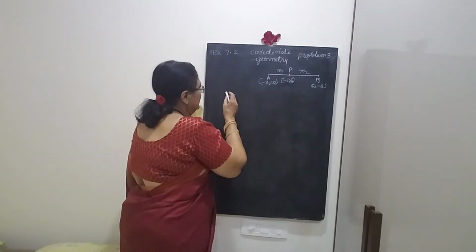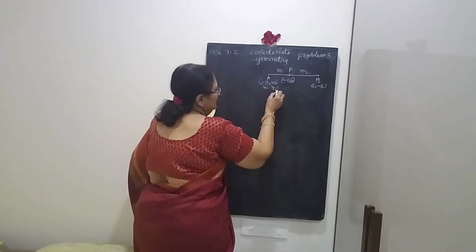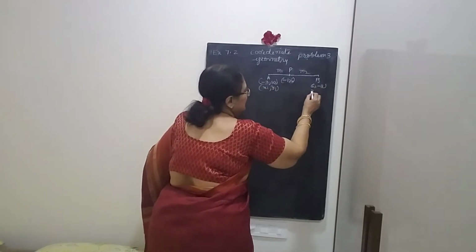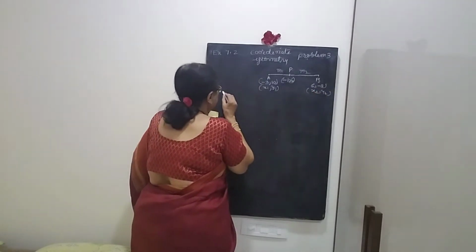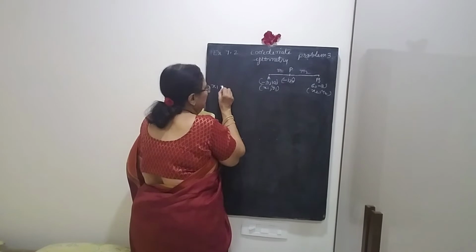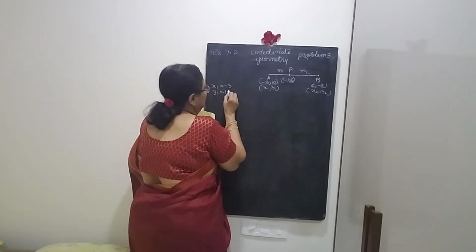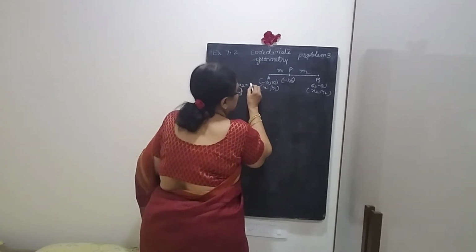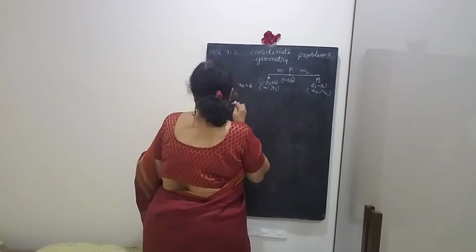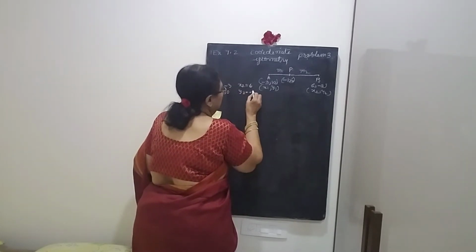So, A we will take as x1, y1. B is x2, y2. So x1 is minus 3, clearly write the data so that you won't go wrong. y1 is 10. x2 is 6. y2 is minus 8.